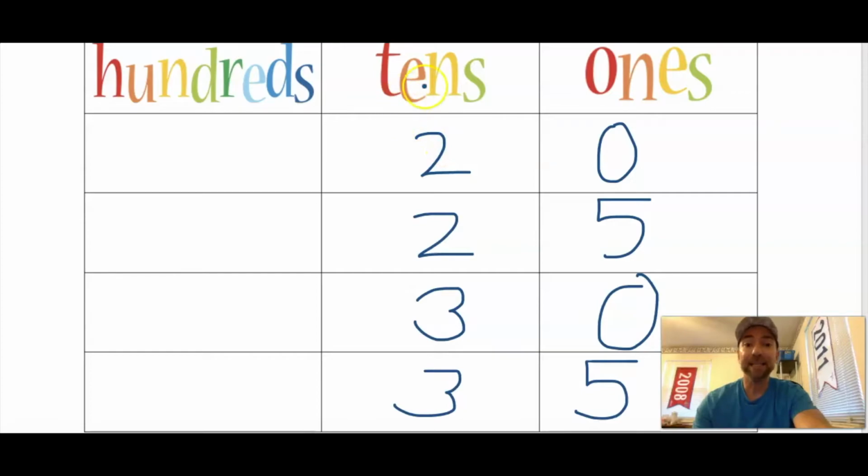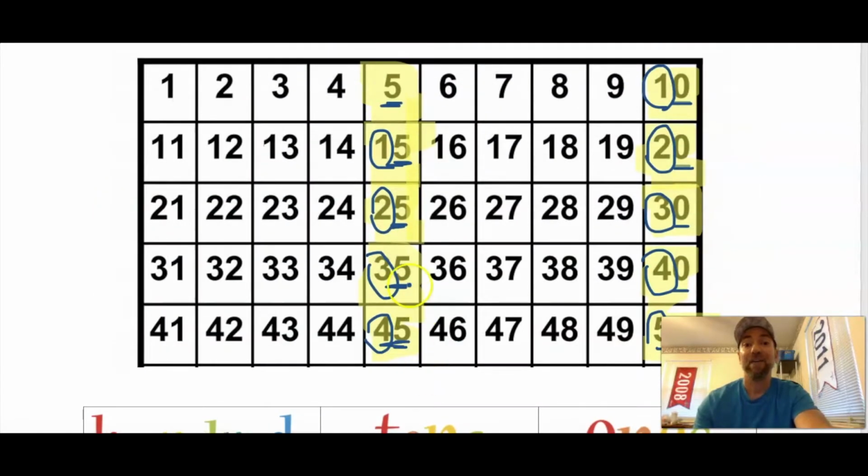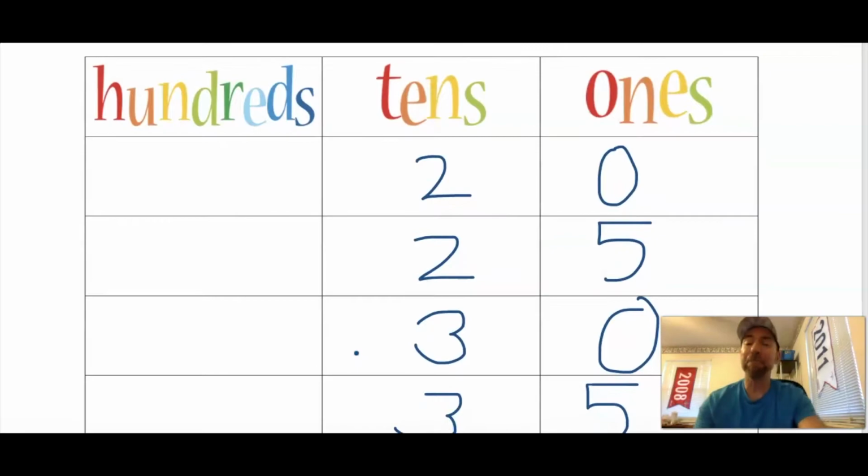And in the tens place, I have 2, 2, 3, 3, 4, 4. I'd have 2 4s, 40, 45. So there's lots of patterns in numbers, and there's especially lots of patterns when we skip count.